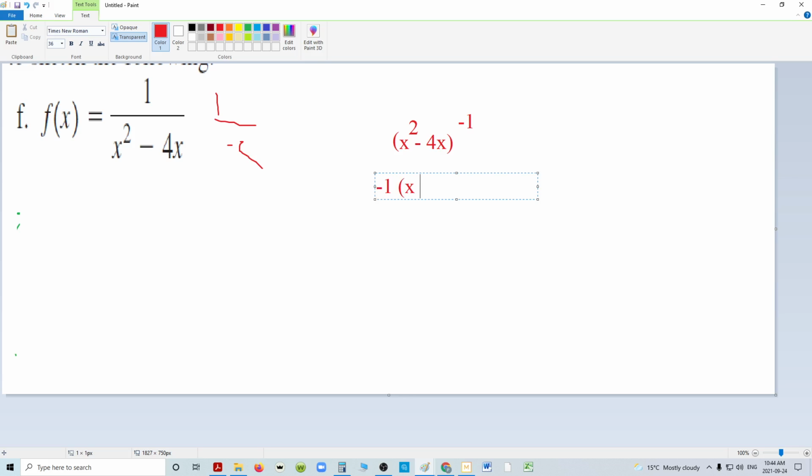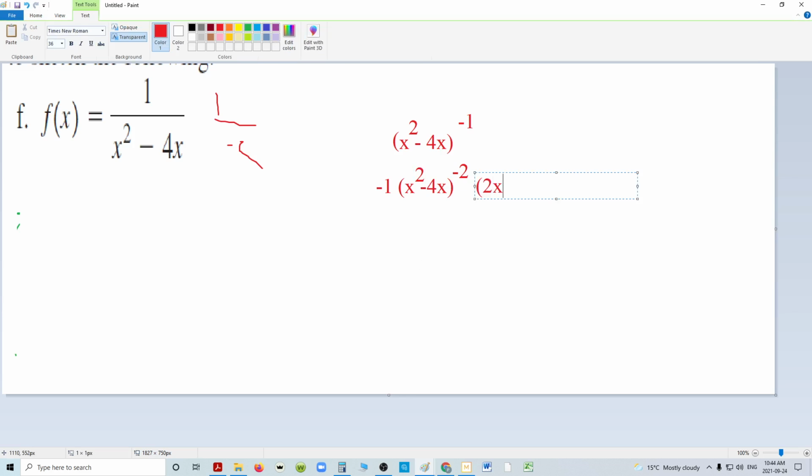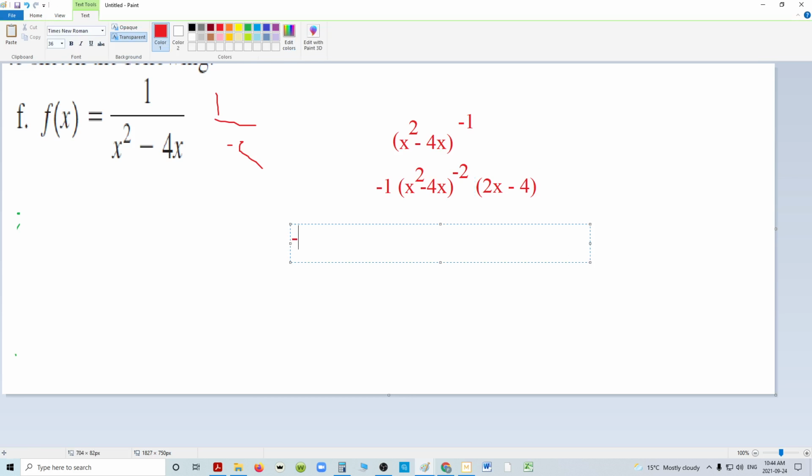And it's going to be x squared minus 4x to the minus 2. And then I have to take the derivative of the brackets. And keep in mind this is x squared here, which becomes 2x minus 4. When I multiply that by minus 1, it should become minus 2x plus 4. Oh yeah, I totally screwed that up.